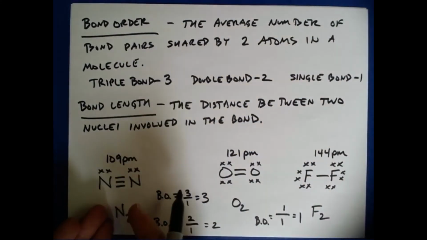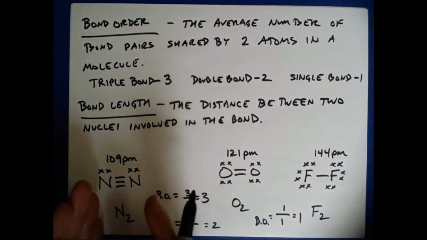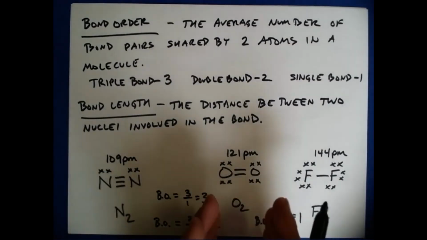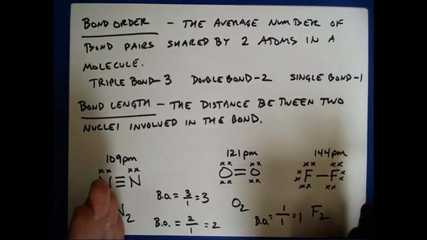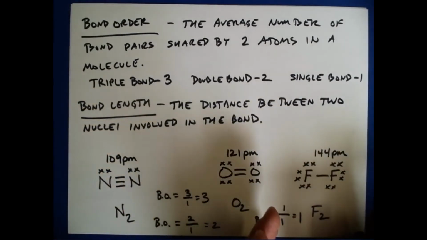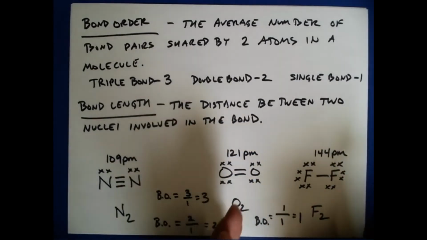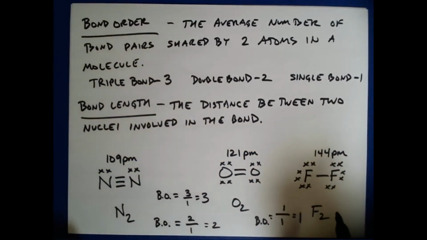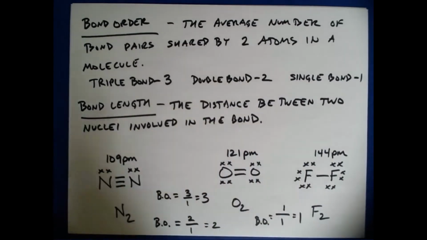A stronger bond pulls the atoms in tighter. A double bond pulls the atoms in to a medium extent. And in a single bond, the bond isn't quite so strong, so the two atoms are a little further apart. There are lists of these various bond lengths that you can find in Chapter 8 in a table.